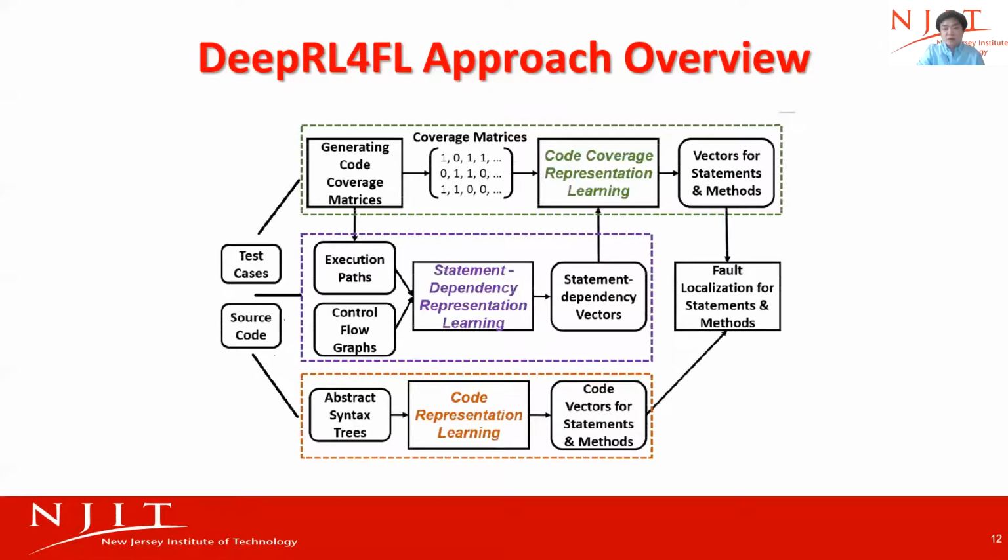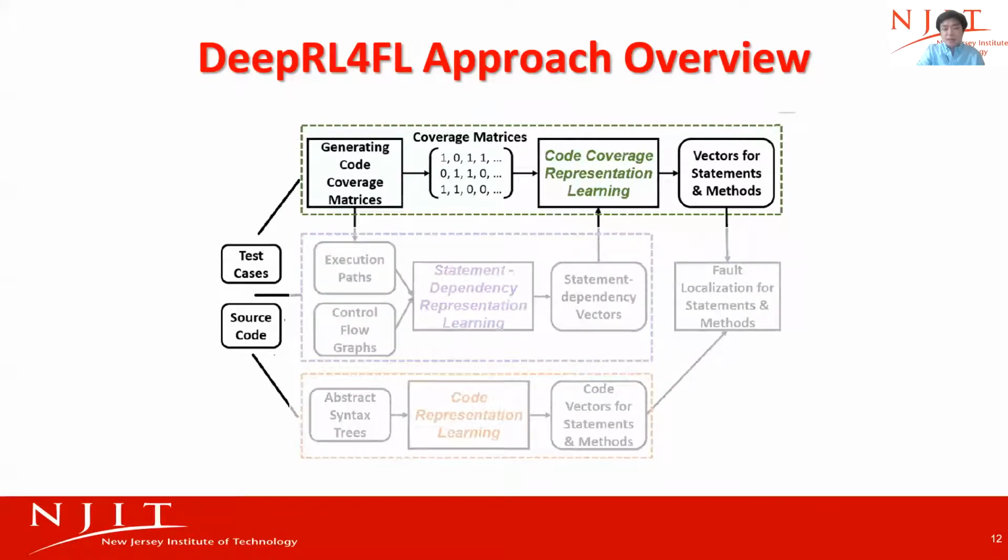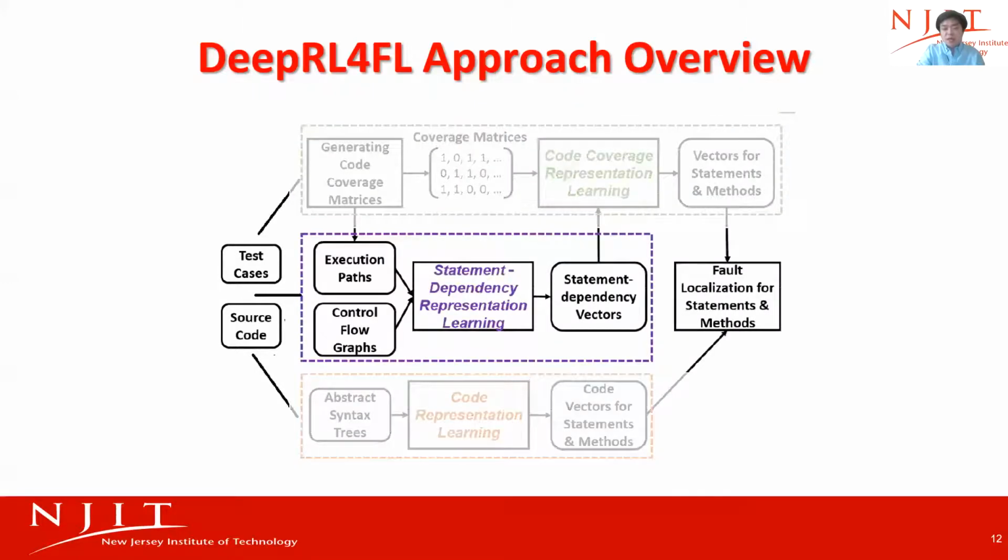Here's the overview of our approach. Firstly, by having the test cases and the source code, we directly generate a code coverage matrix, and then we do the enhancing and reordering on top of the matrix. The next step is that we collect the statement dependency information and apply this information on top of the code coverage matrix to do the code coverage representation learning.